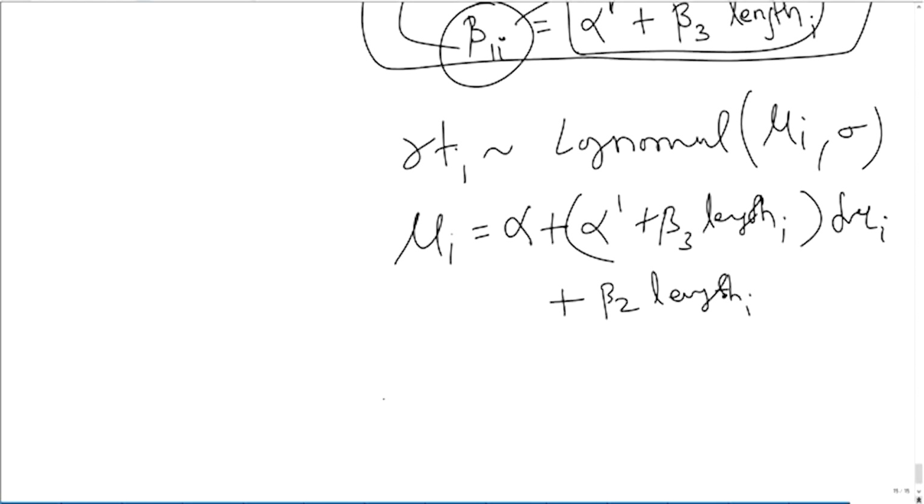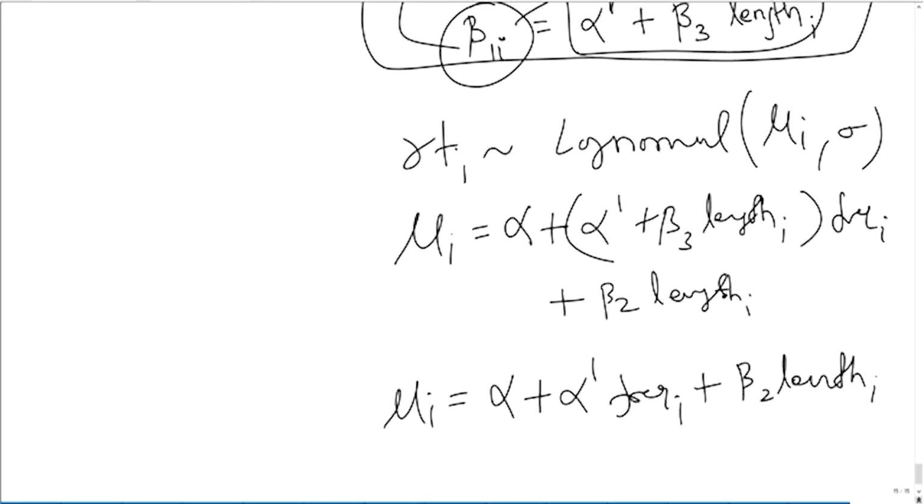If you expand it, the equation becomes mu_i equals alpha plus alpha dash into frequency_i plus beta 2 into length_i plus beta 3 into length_i into frequency_i.